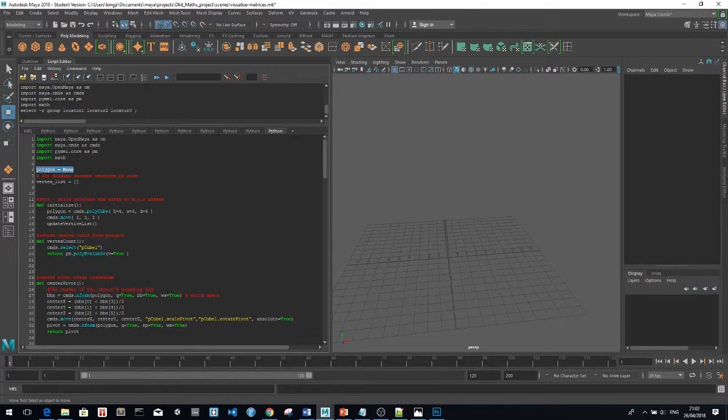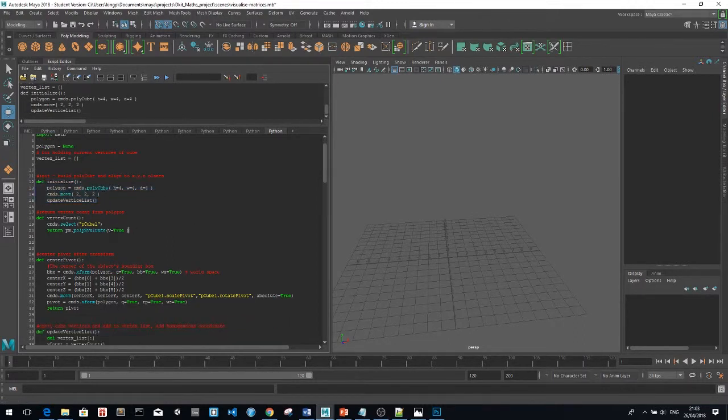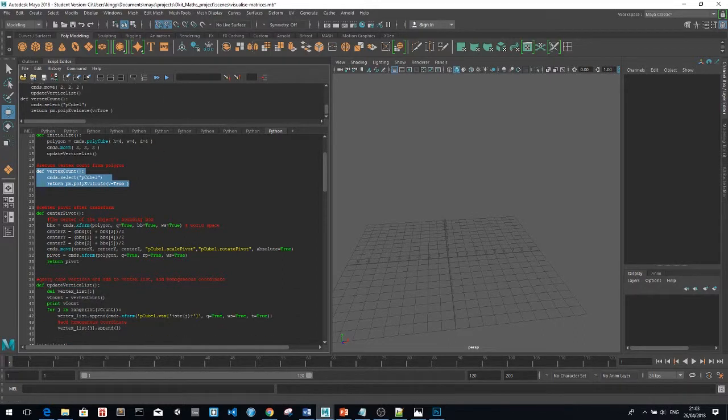So we can now go ahead and run the script. We have a polygon, initialize a vertex list, and this is for holding the current vertices of the cube. This is an initialize function that builds the polycube and aligns it to the x, y and z planes. This is a function to count the vertices on the polygon.